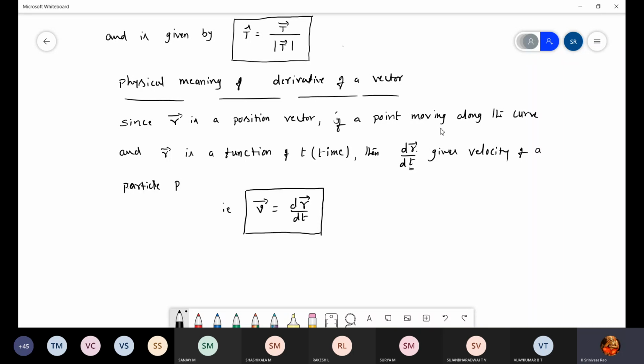Next line: d by dt. One more time, if I differentiate dr by dt, d by dt of dr by dt is equal to d by dt of v, that is dv by dt. What is d by dt of v called? Anyone? Acceleration. Very good.